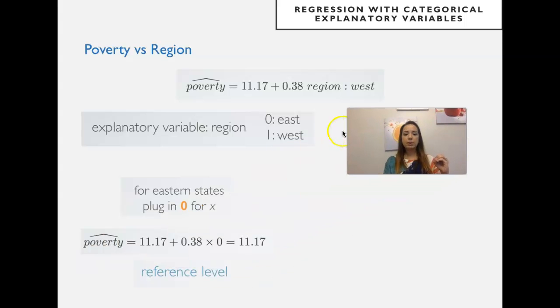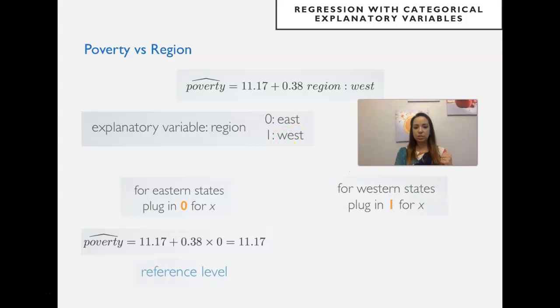So we call the particular level of the categorical variable that we code as 0 the reference level, right? And then we ask, how much can I expect poverty to change when I go from the reference level to a different level? In this case, we just have 2. So it's the difference between the reference level and one other level, which is west.